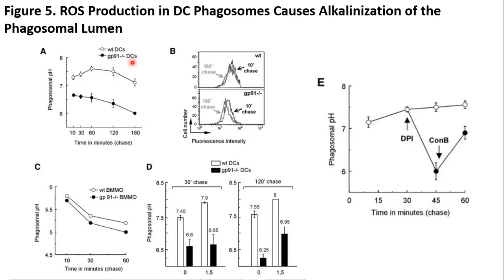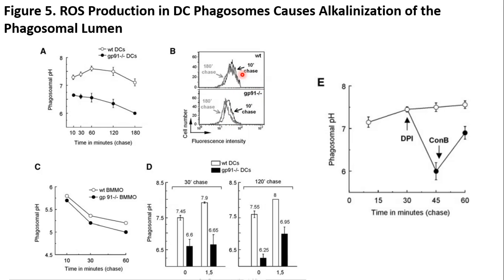You can see that defective DCs do not sustain alkalinization and acidify, showing that this subunit of NOX is important for alkalinization of the medium. And here you can see the phagosome pH strongly decreased in the gp91 compared to wild-type.